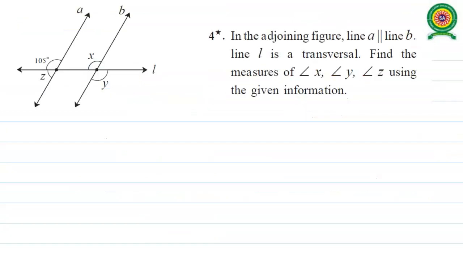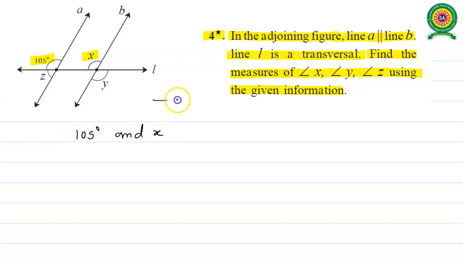Look at the next question, number 4 from practice set 2.2. In the adjoining figure, line A is parallel to line B, and line L is the transversal. Find the measures of angle X, angle Y, angle Z using the given information. Look at the 105 degree and angle X. Once lines A and B are parallel and L is the transversal, 105 degree and angle X are formed in the rotation of F. Look at the position of the given angle, it is of the form like this.